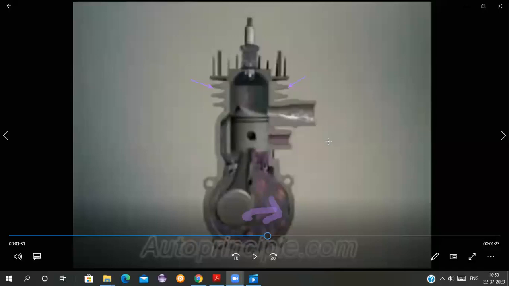Can this type of engine only be used in bikes or any other vehicle? See, this type of engine can be used anywhere where there is requirement of more power. It gives more power than a four-stroke engine.